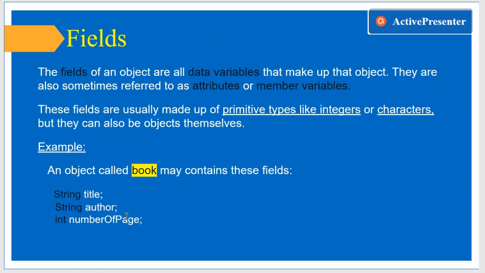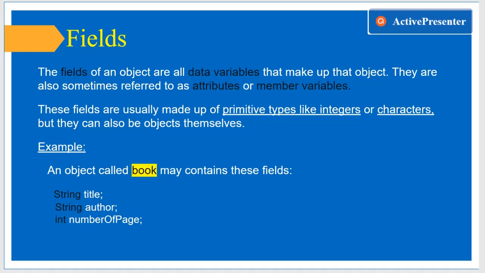Let's come to the fields. The fields of an object are all the data variables that make up that object. They are also sometimes referred to as attributes or member variables. These fields are usually made up of primitive types like integer and character, but they can also be objects themselves.